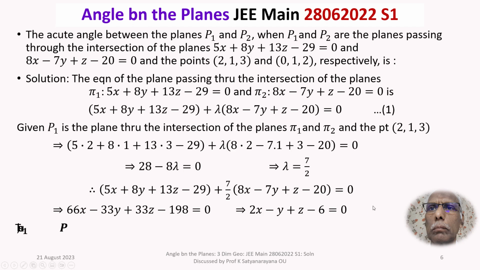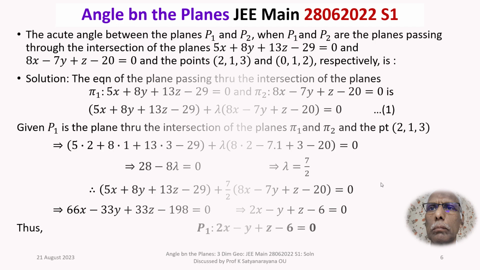This is the first plane, that is P1, given by 2x - y + z - 6 = 0. Similarly, we do the same thing for P2 with the appropriate given data, which we do in the next slide.